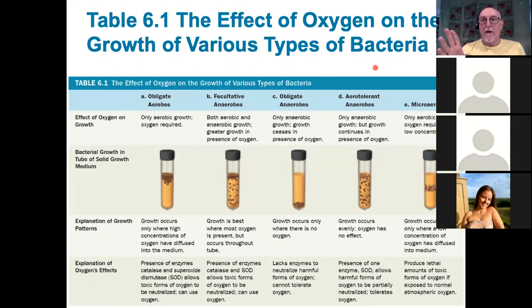There are many prokaryotes which preserve their early metabolic processes, which enable them to survive in the absence of oxygen or in its presence. So if they can survive in both the presence of oxygen and in its absence, we say they are facultative anaerobes.